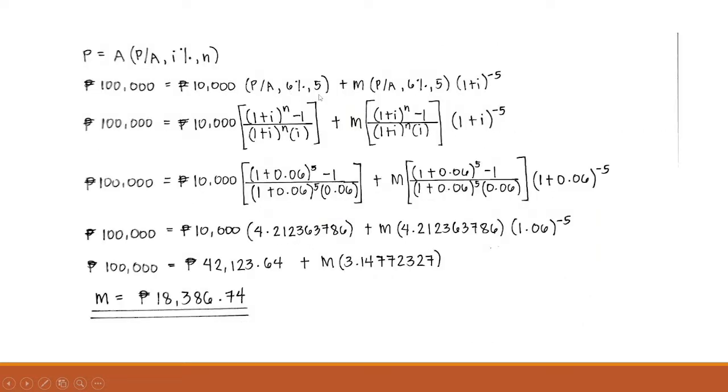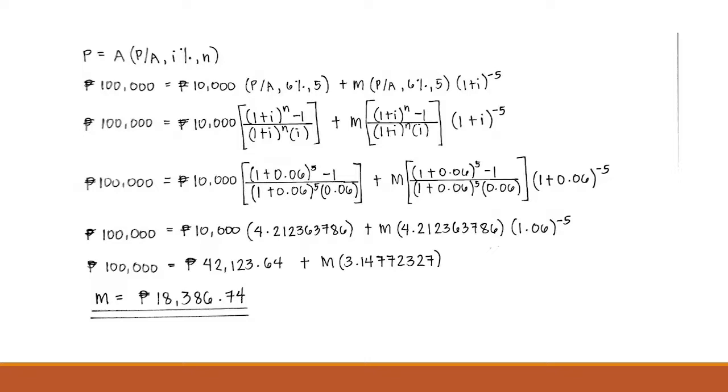So ang plus M times P over A, 6%, 5 times (1 plus I) raised to the power of 5.